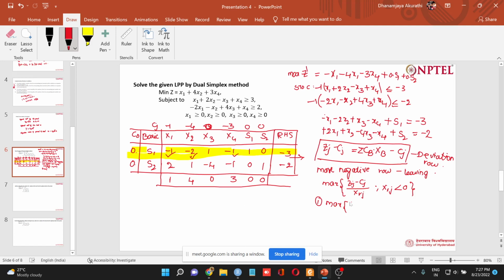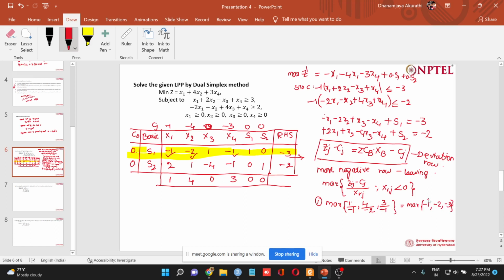Now we consider the corresponding deviation rows: 1 divided by -1, the corresponding Xrj being -1, another is 4 divided by -2, and other is 3 divided by -1. Then you can see it is the maximum of -1, -2 and -3.